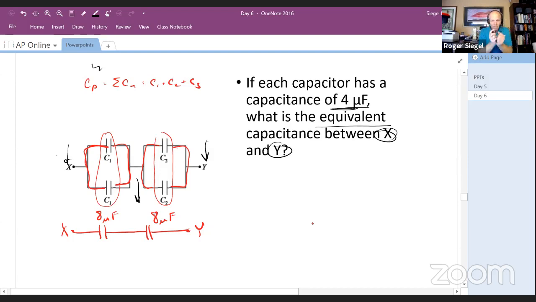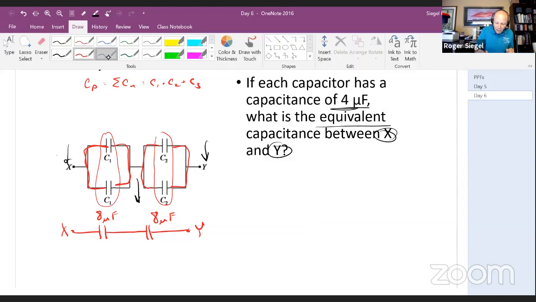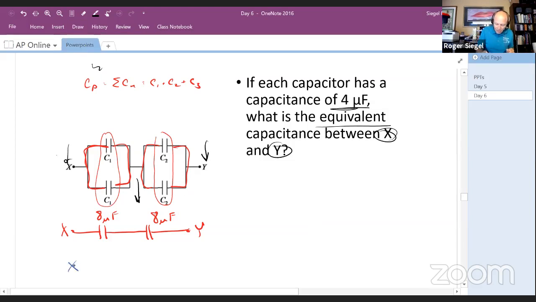We're deconstructing this, right? The next thing I'm going to do is ask, how can I bring these two together? How can I make that into one? There's my X, there's my Y. So you ask, how are these two mounted? Because when we went from here to here, we said these two are hooked up in parallel.